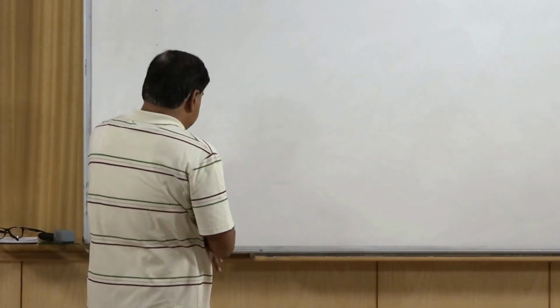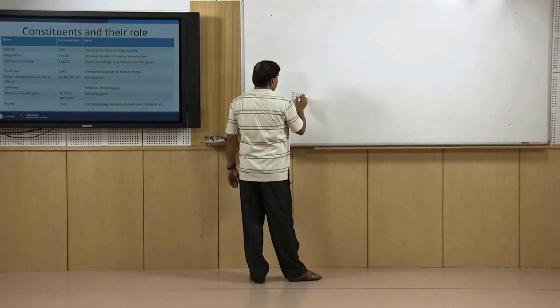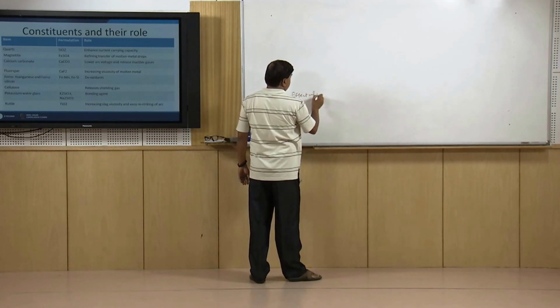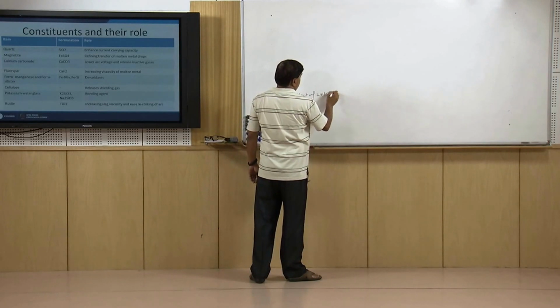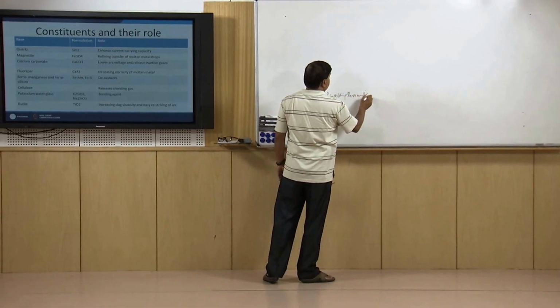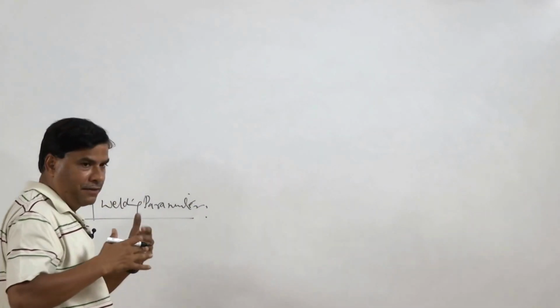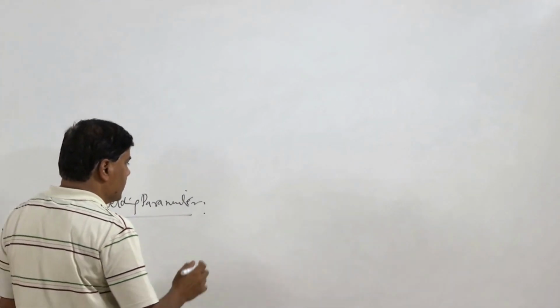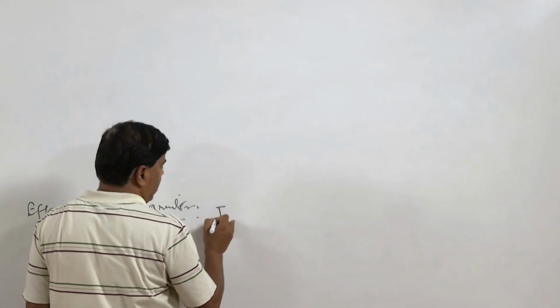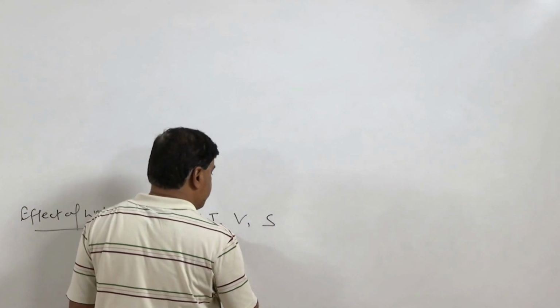Now, coming to the effect of welding parameters. There are three welding parameters which are extremely important and determine the kind of joint which is produced, and these are welding current, voltage and welding speed.